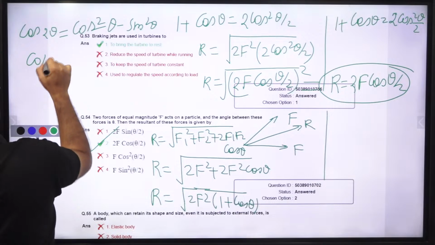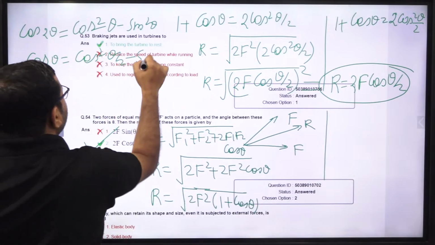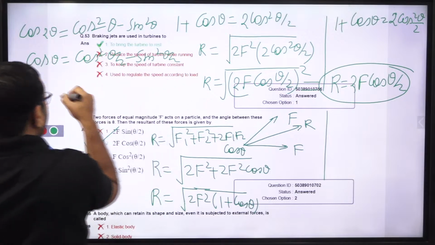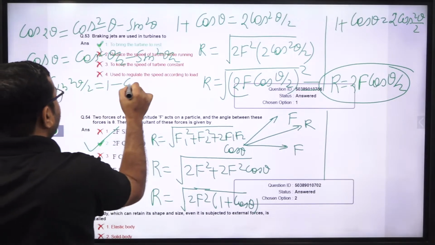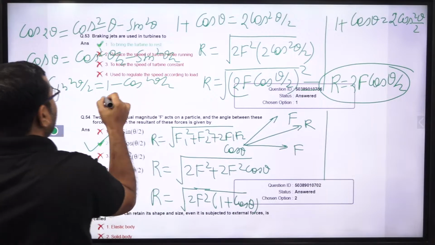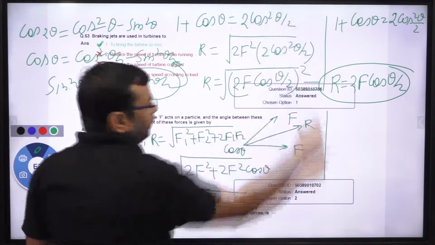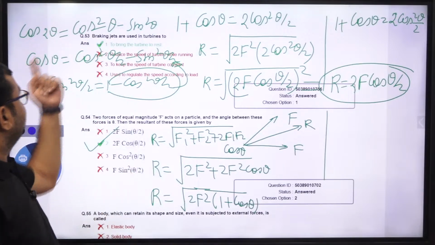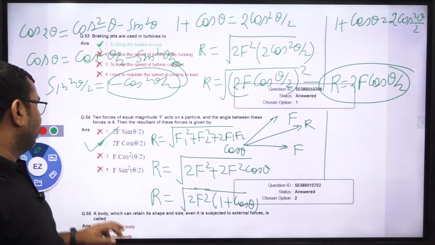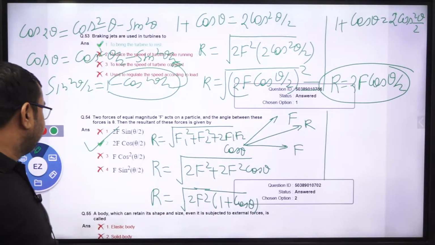So cos theta can be written as cos square theta by 2 minus sin square theta by 2, and also we know that sin square theta by 2 is nothing but 1 minus cos square theta by 2. Now if you put this value in this expression, then you will get this result. Yes or no? So I hope you understand how to determine the 1 plus cos theta value, and once you get this, you just put it in this expression and you will get the final answer.